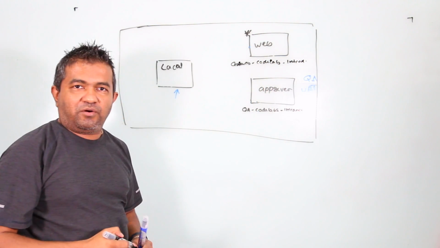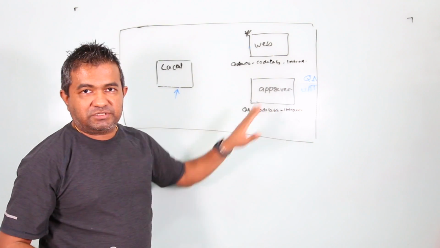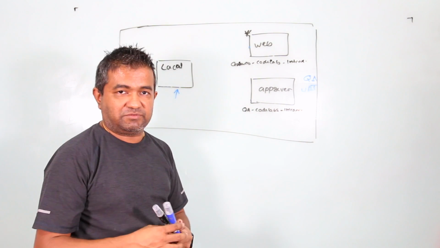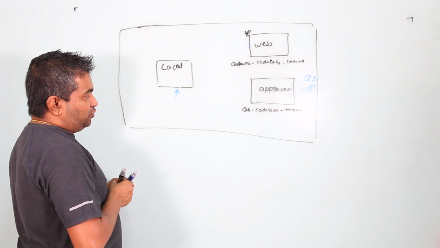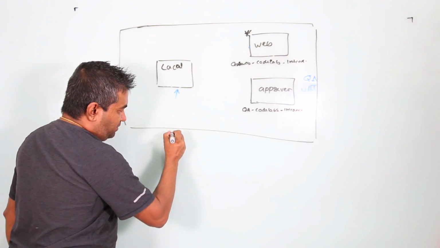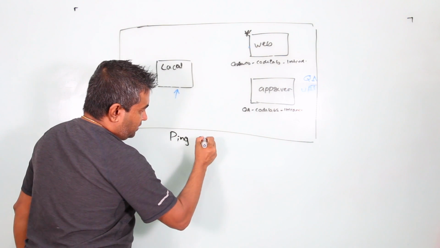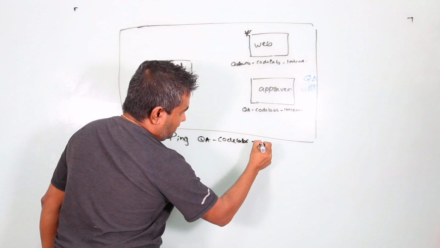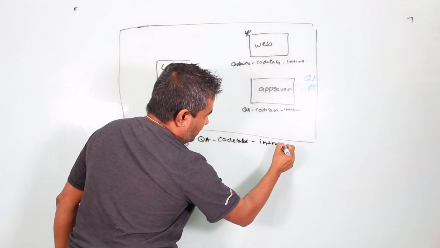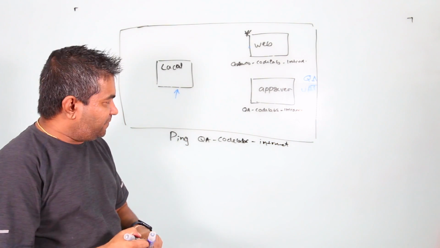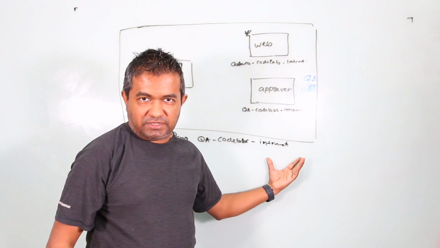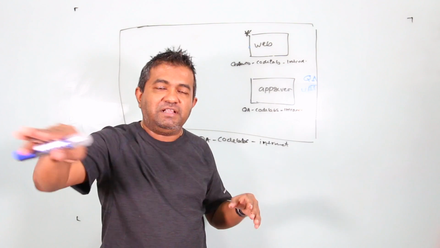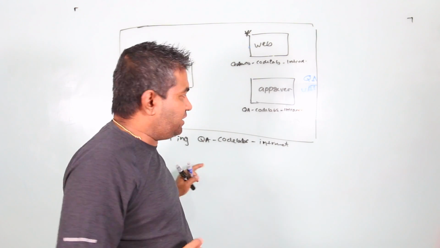Now you want to see whether we can connect to this server, because the network team or deployment team is saying your connectivity failed. First, you can issue the command ping QA-codelabs-intranet. If this ping works properly, that means you have a network connectivity from here to there.